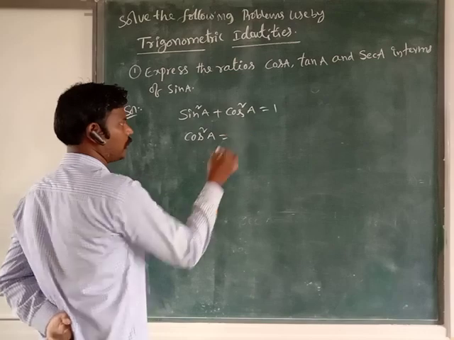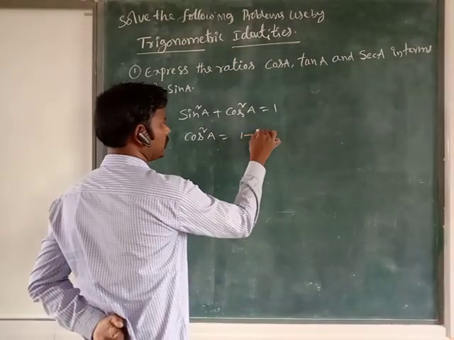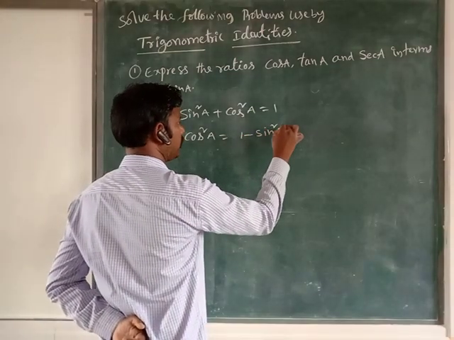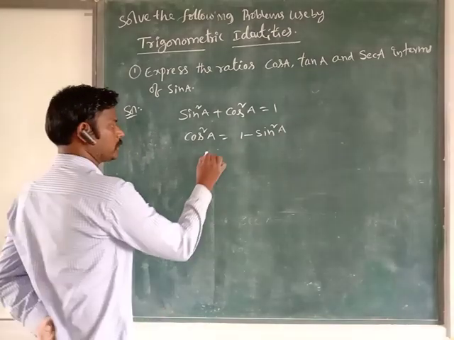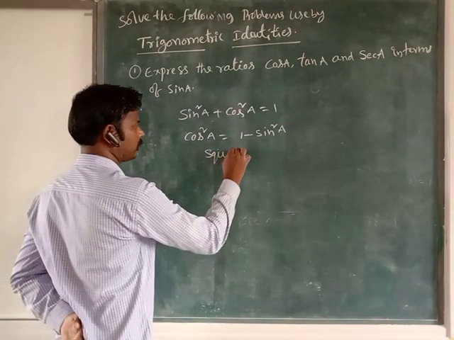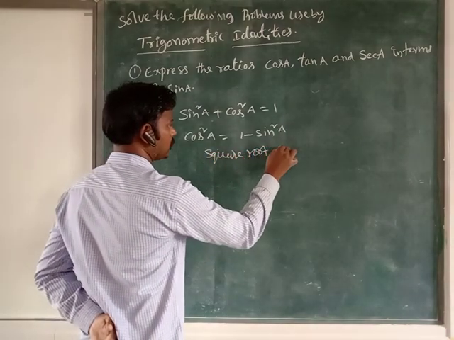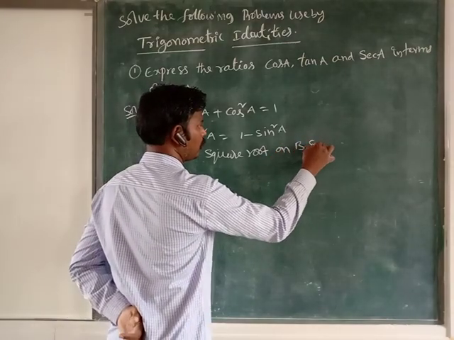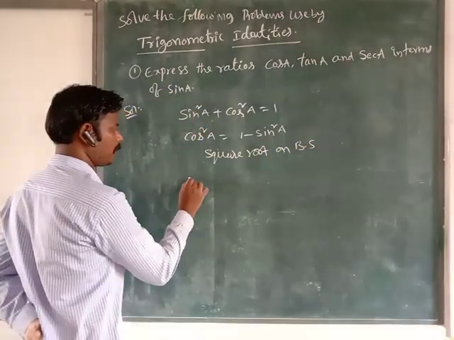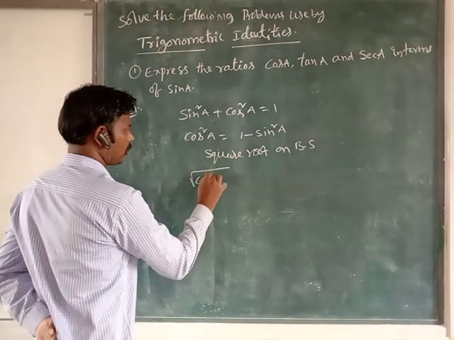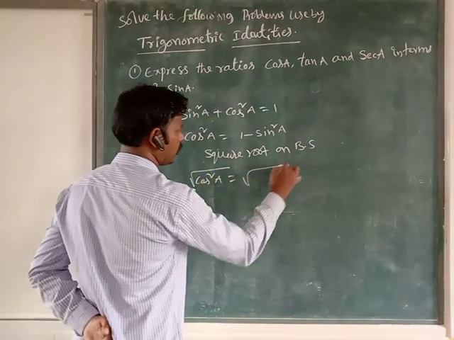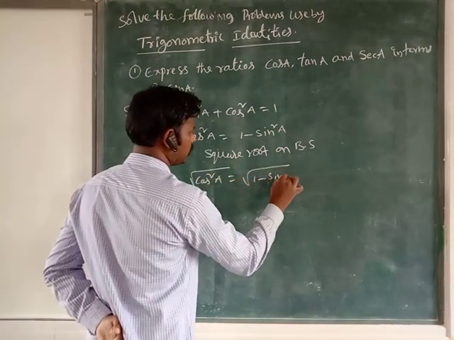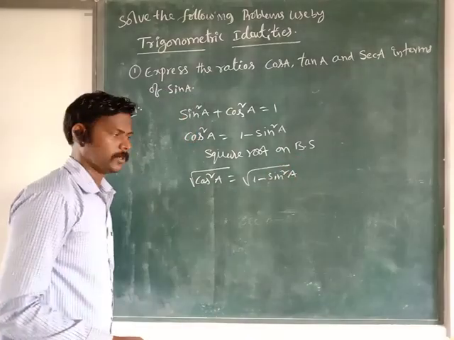Cos square A equal to how to write? 1 minus sin square A. Okay. Square root on both sides. Then what happens? Cos square A is equal to square root of 1 minus sin square A.